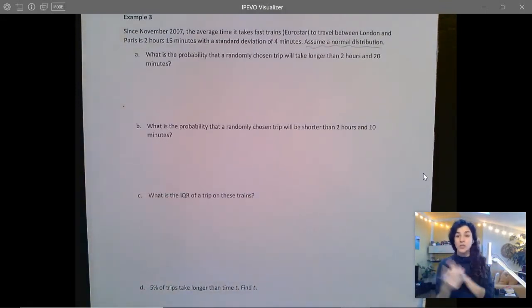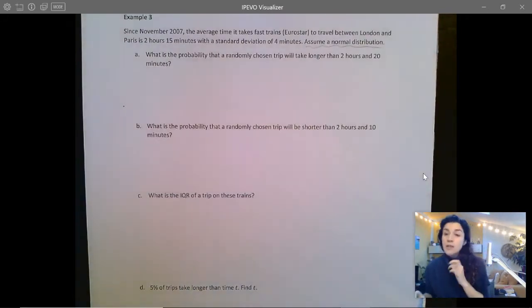And then you have to switch gears and use normal distribution. So don't ever assume normal distribution. If it doesn't tell you that it's normally distributed, then you have to do your other probability processes. Okay. What is the probability that a randomly chosen trip will take longer than 2 hours and 20 minutes?